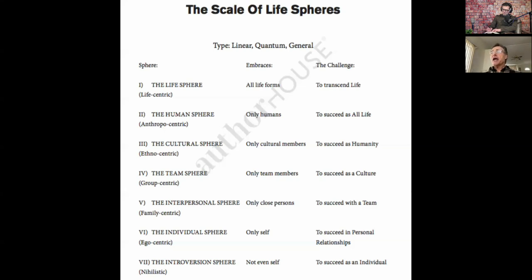And this person's challenge would be to transcend life. So once you transcend life, you're not human anymore, are you? So the person, the martyr who willingly dies, he goes to heaven, he's transcending life. So he's not a human anymore because he has transcended life. So humans can embrace all life forms if they get to this level.